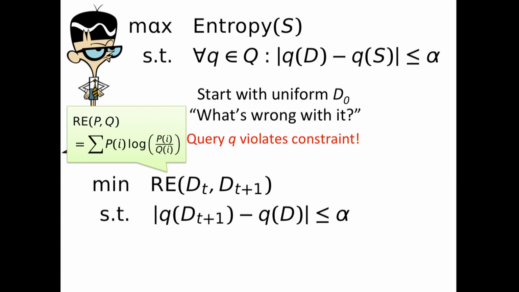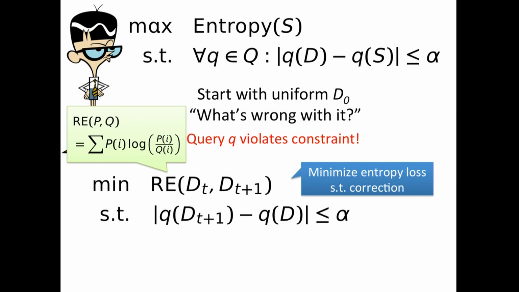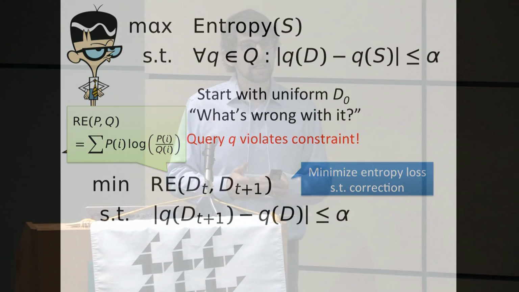So intuitively, what this says is you want to minimize the entropy loss while making sure that you perform better on the seen query. Okay? So this is basically how we're going to iteratively solve this problem. We're going to start with a uniform distribution, and we're going to fix it up. Whenever we find a query which violates one of the constraints, we're going to use this query to go to a new distribution which performs better.